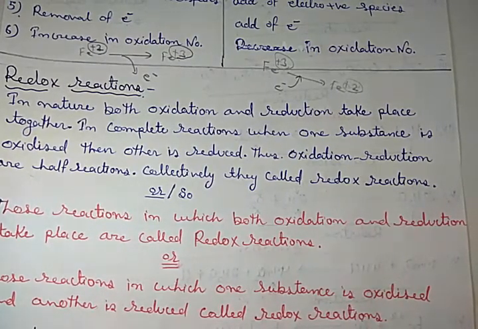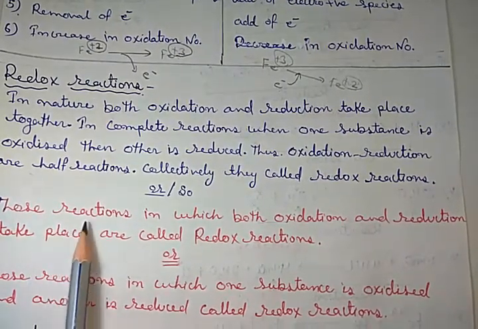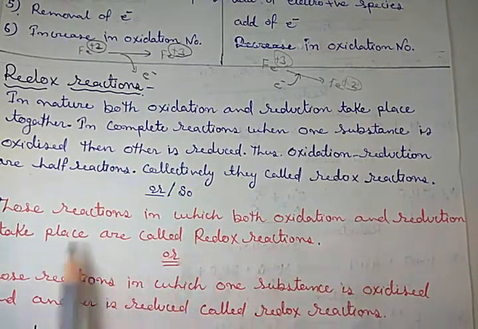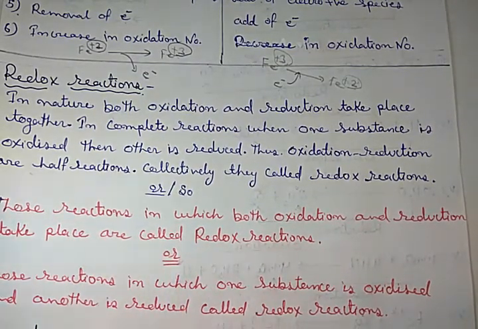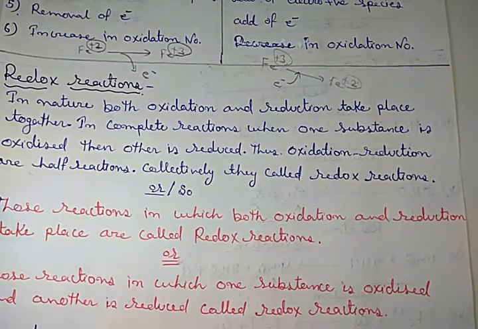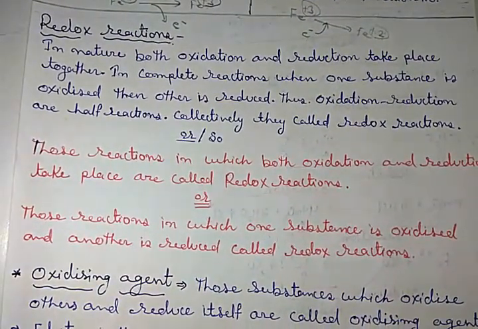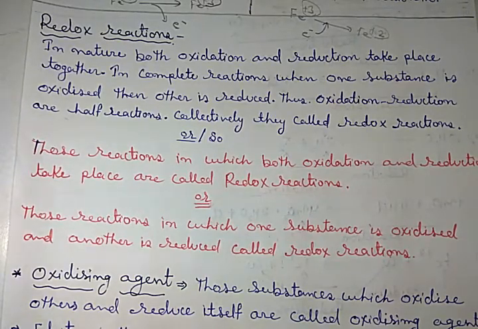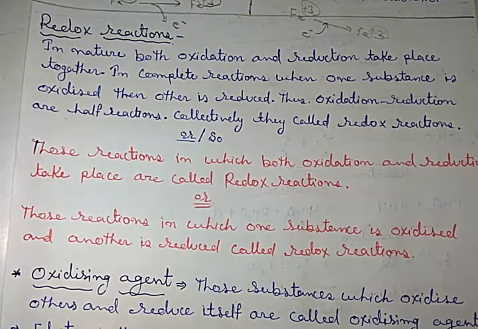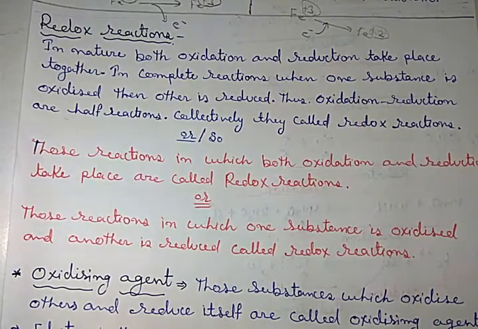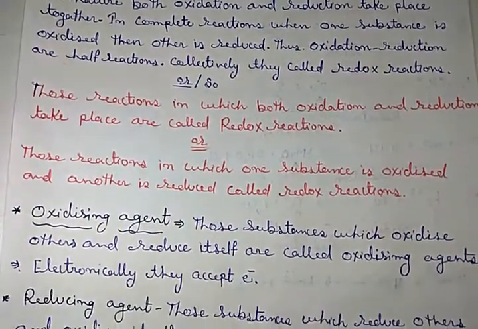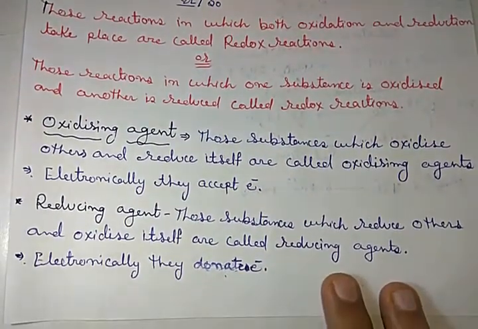In a simple definition, those reactions in which both oxidation and reduction take place are called redox reactions. In another definition, those reactions in which one substance is oxidized and another is reduced are called redox reactions.